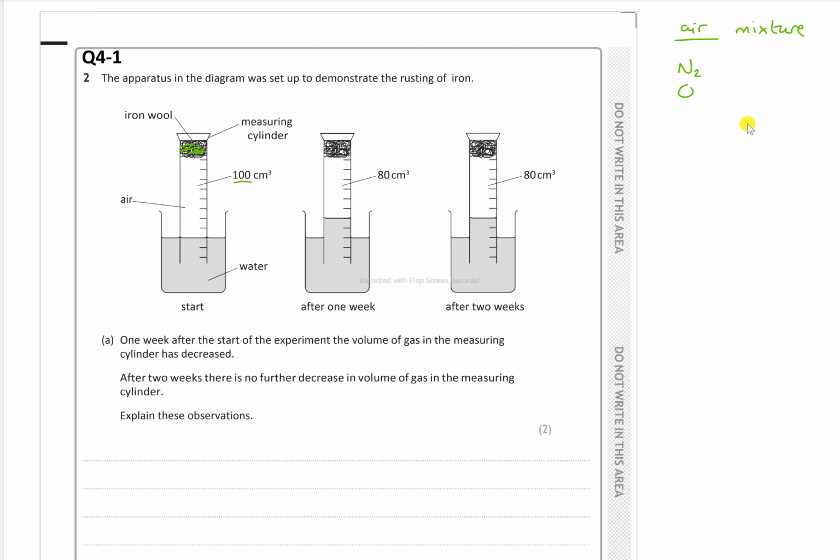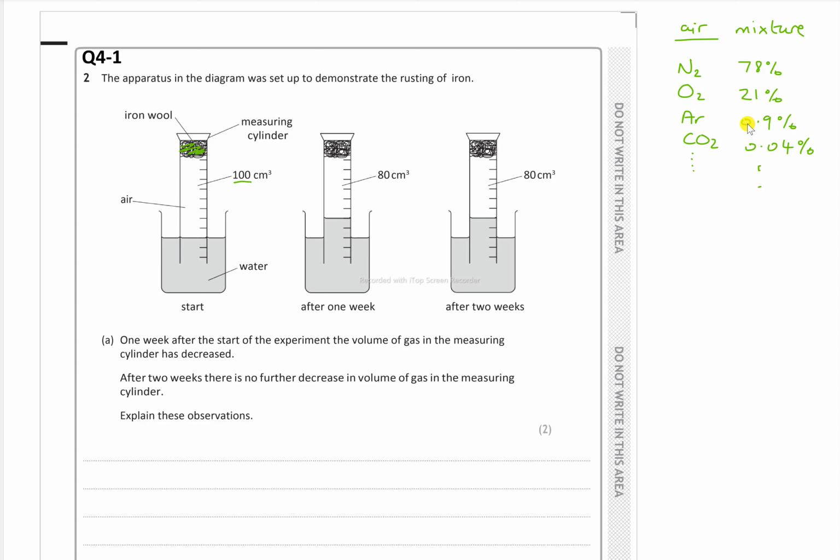Nitrogen, oxygen, argon, carbon dioxide, amongst other things, water vapor and so on. But these are the main bits that stand out. 78, 21, 0.9, 0.04%, and so on, right? That's what it is.